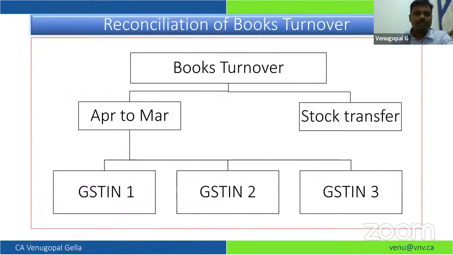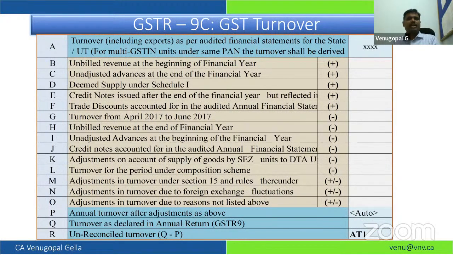Now, the way one has to work is from the PAN-based financials, segregate into each of the GSTNs. If you are present in 3 states, the audited signed financials are split into 3 states. Once you split into 3 states, for each state value, you make the adjustments, because AS 9 revenue recognition is different from sections 12 and 13 of the GST Act, which gives a different number.